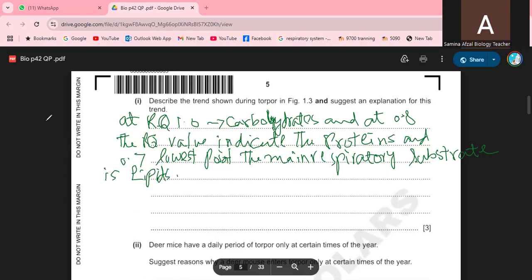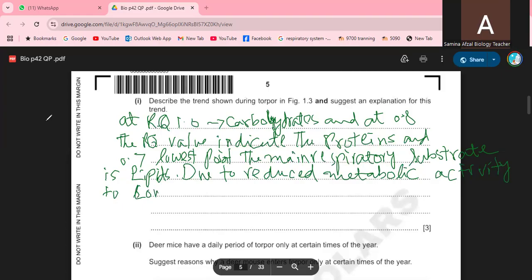So during this torpor period, the deer mouse enters a state of reduced metabolic activity to conserve energy.